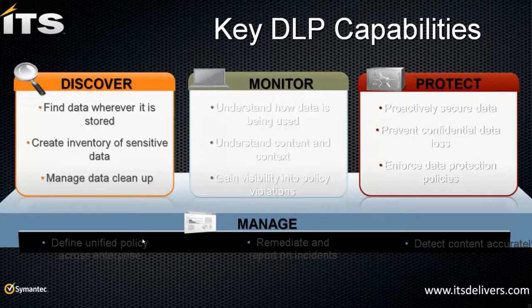Okay, so discover. Find the data. It's all out on our corporate G drive. It's in my Exchange server. It's on my SharePoint server. It's on this SQL database, etc. Okay, so we found it on our corporate drive. How do we monitor that data? Well, how is that data being used? Symantec DLP Network Discover really can't answer that question because we don't know how that file is being used.